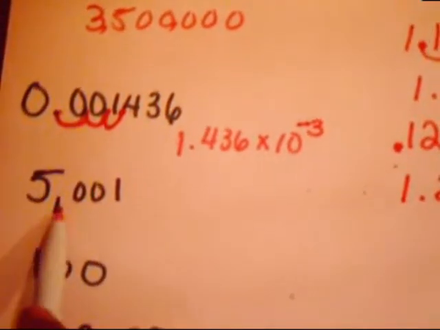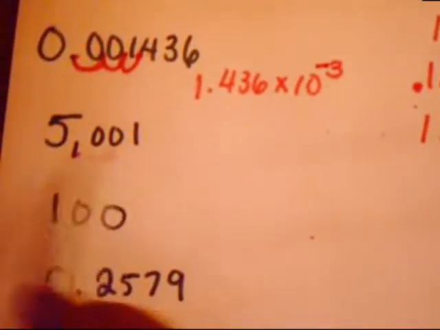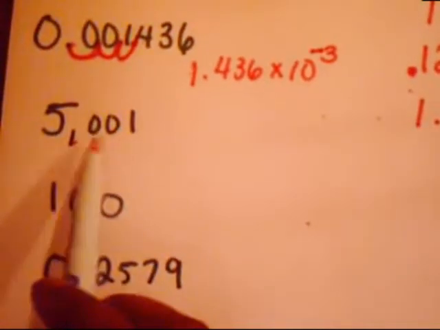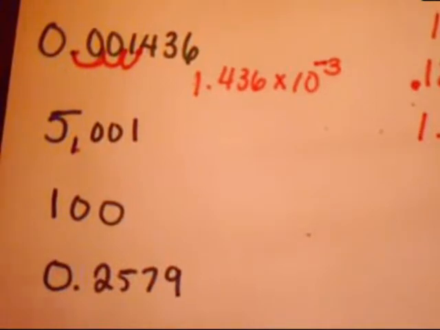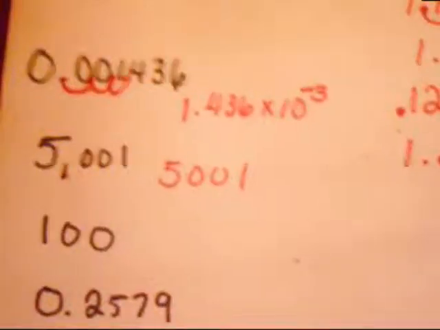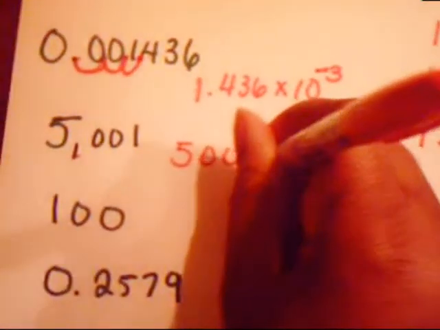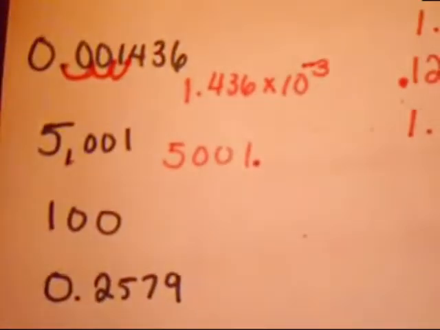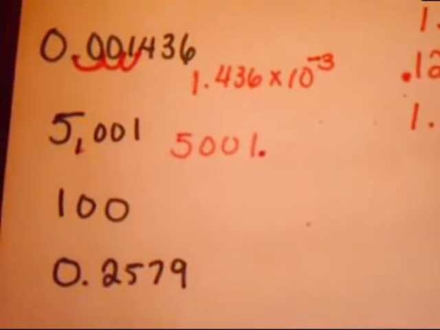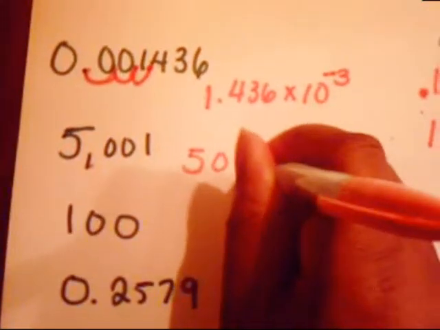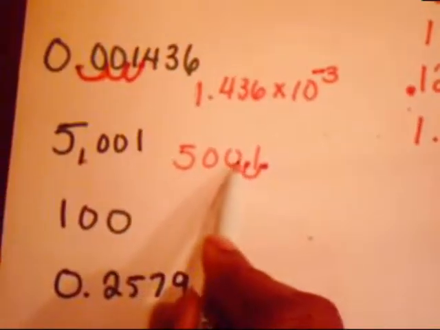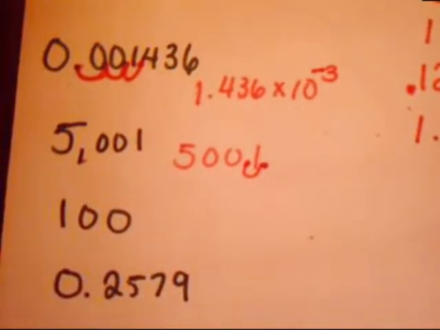Now when you look at 5001, this number is greater than 1. So the exponent for this number is going to be positive. Where is the natural decimal point in 5001? It's back here. Let's see how many times we need to move the decimal, because I know that's greater than 10. If I move it right here, it would read 500.1, still greater than 10.